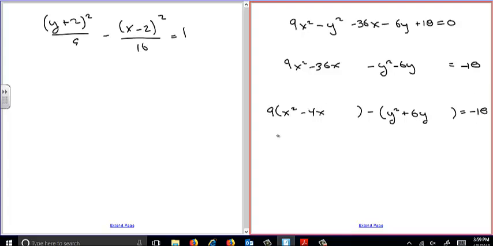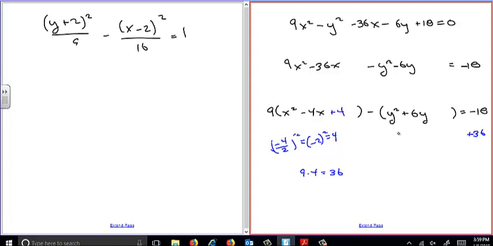Okay, now, same thing, just completing the square. Take negative 4, divide by 2, square it. So you get negative 2 squared, or 4. So we add 4, but we're really adding 9 times 4, which is 36. So let's go ahead and add 36 to both sides.